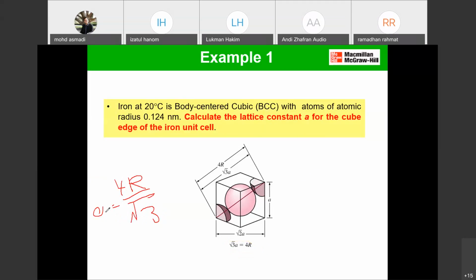So you just substitute the radius into R, and you can get the answer. Easy, right?